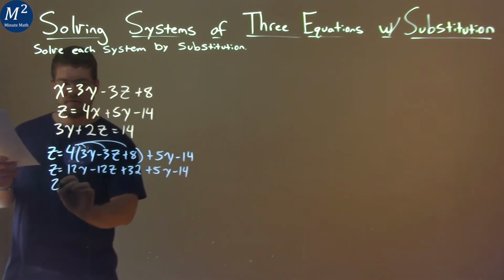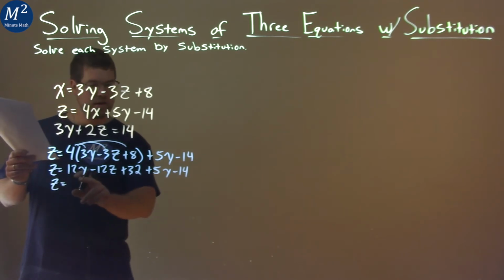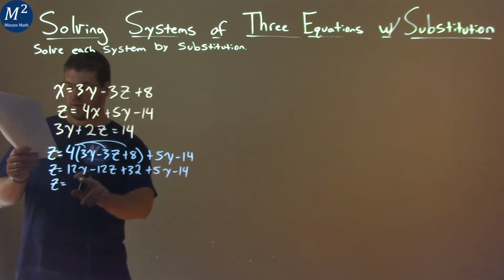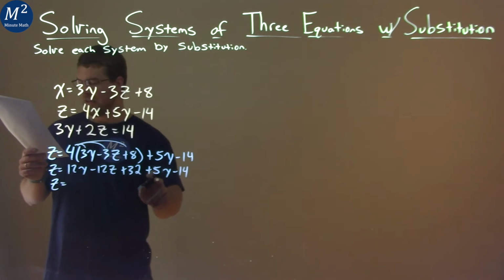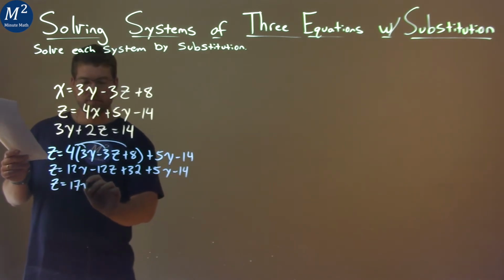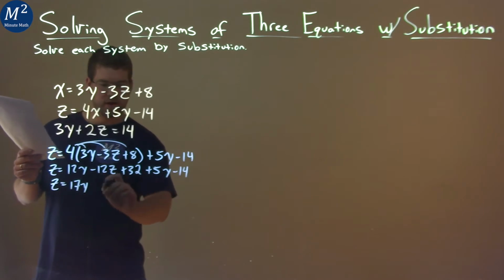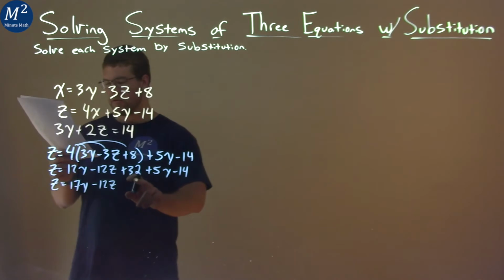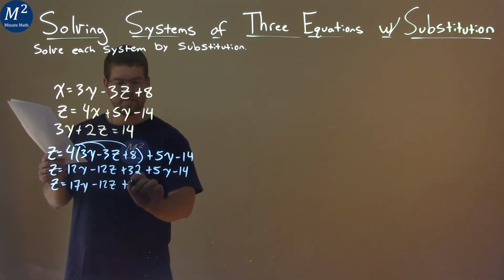So z by itself here, and what can we combine here? We have 12y and 5y. 12y and 5y give us 17y. And negative 12z is the only z on this side, so let's keep that here, negative 12z. And last we have our numbers 32 and minus 14, and that comes out to be 18.